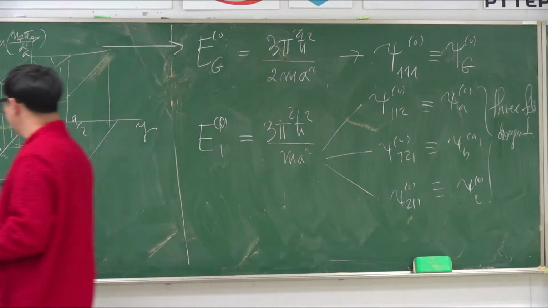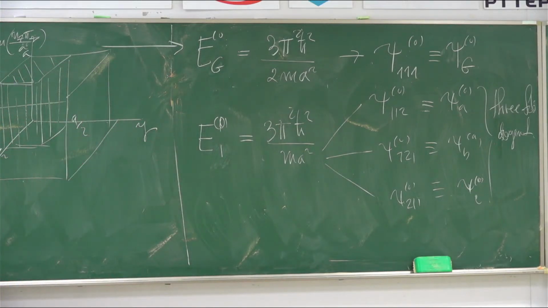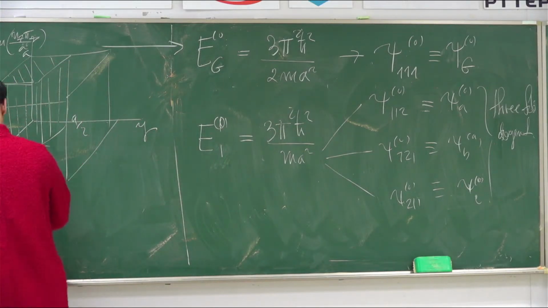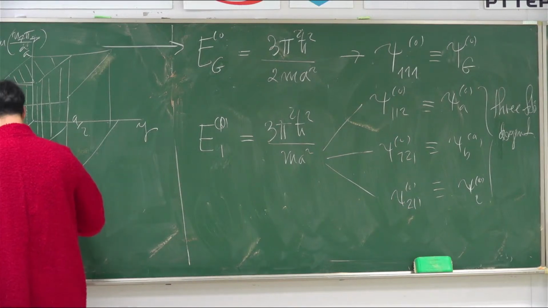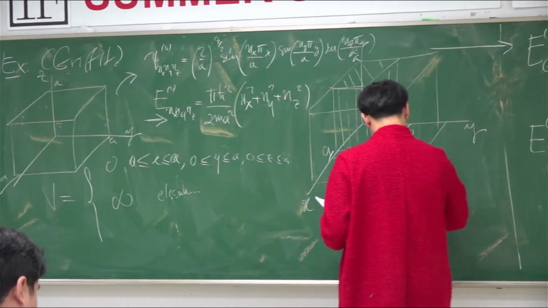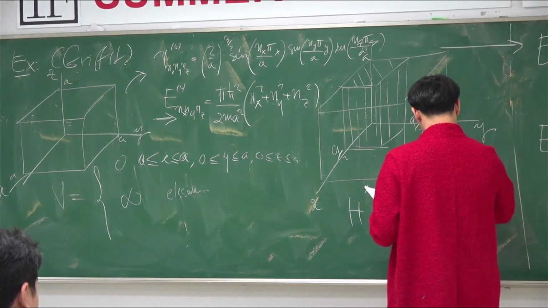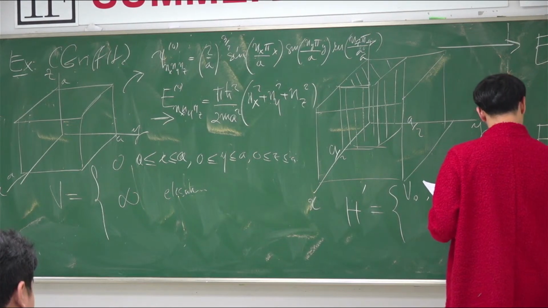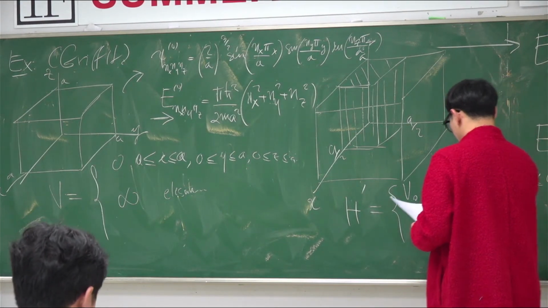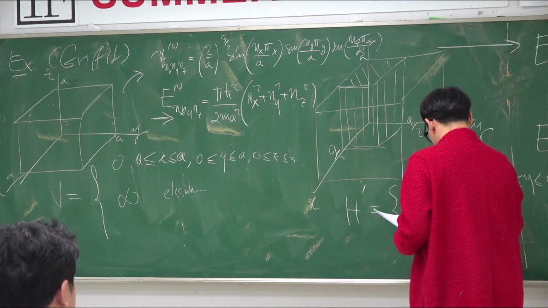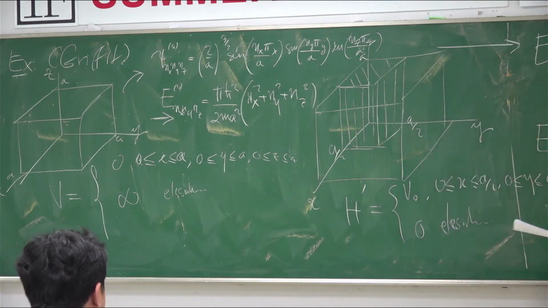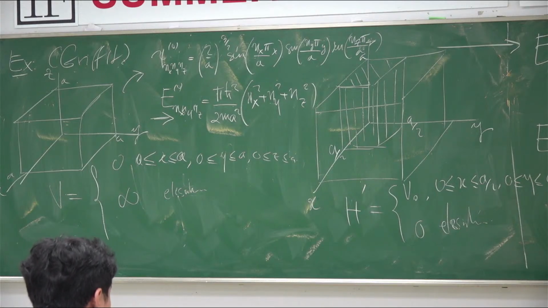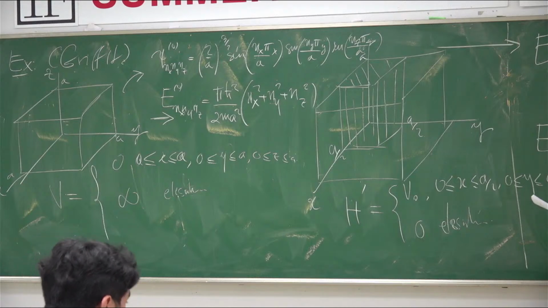Now this is the perturbation term. Okay, you shrink only in x and y, but you keep z the same.